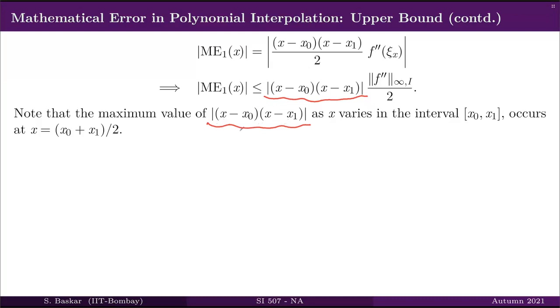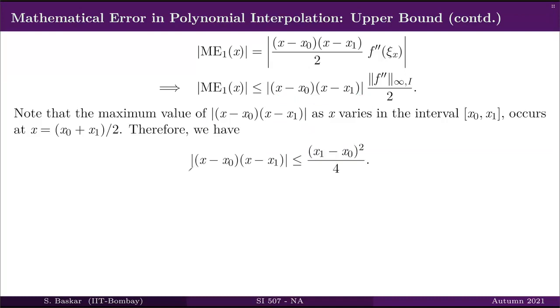Consider this term as a function, say g of x. You can see that the maximum of this function is attained at the point x equal to x naught plus x1 by 2. You know how to find the maximum of a function. You can check that. So you put x equal to x naught plus x1 by 2.